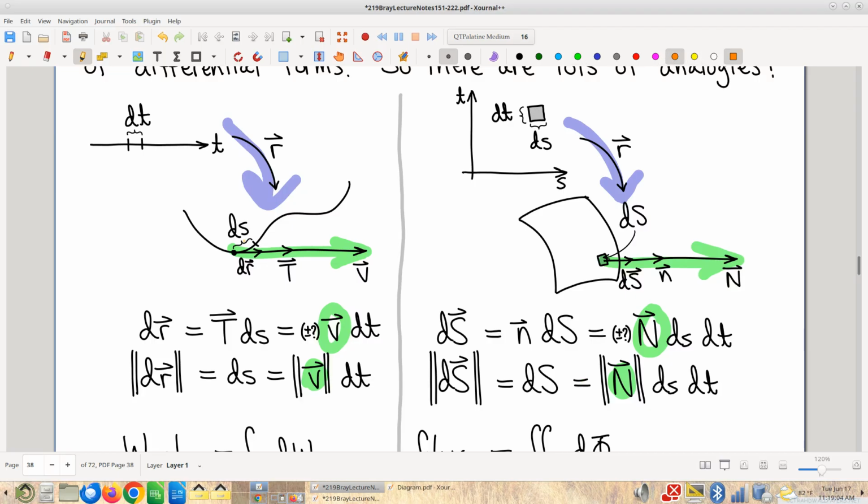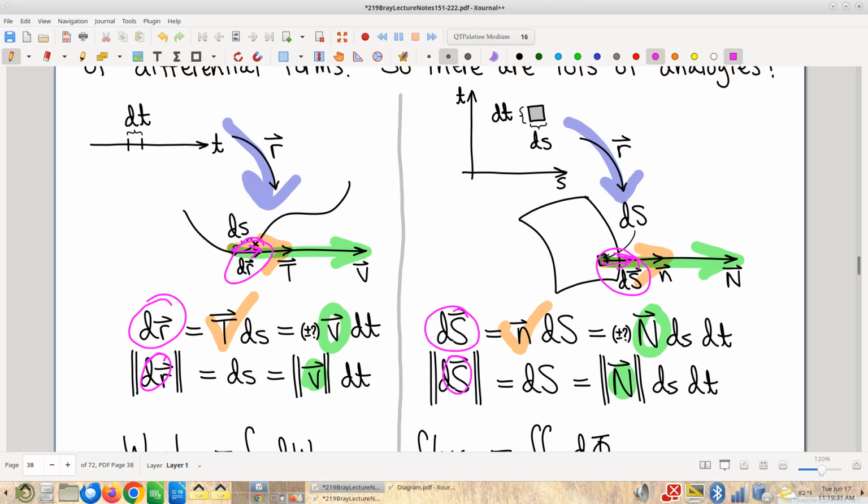So the unit tangent vector, the unit normal vector show up analogously. The vector differential, the dr vector in that case, the ds vector in that case, show up analogously. The magnitude of said vectors, namely the size.